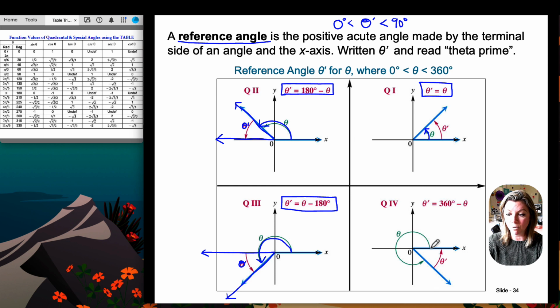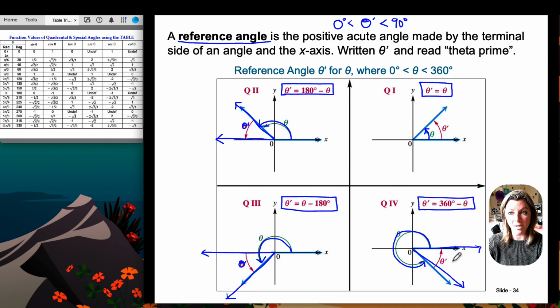One more, quadrant 4. Should the terminal side of theta lie in quadrant 4, then theta prime, its value can be calculated by taking 360 degrees and subtracting out however many degrees theta is. Using the figure to see why that is, theta prime here is created by this terminal side and this piece of the x-axis.